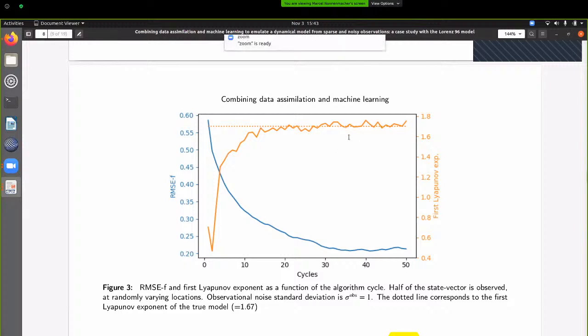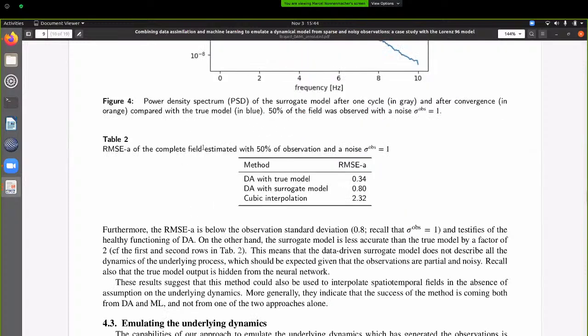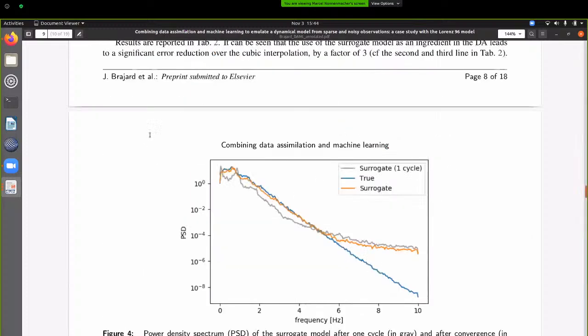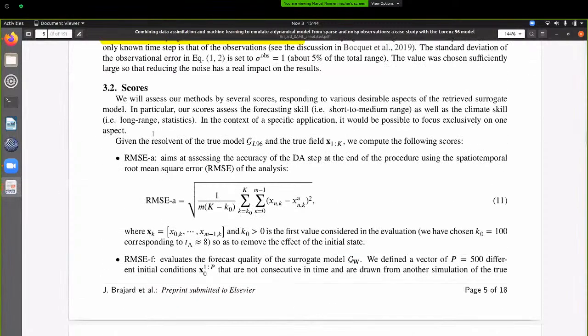Yes, Eduardo? So concerning this table that you have just shown, these are the errors concerning one time-step prediction. No, these are the full analysis. So what you do is, let me quickly go back to this. So it's the analysis state.